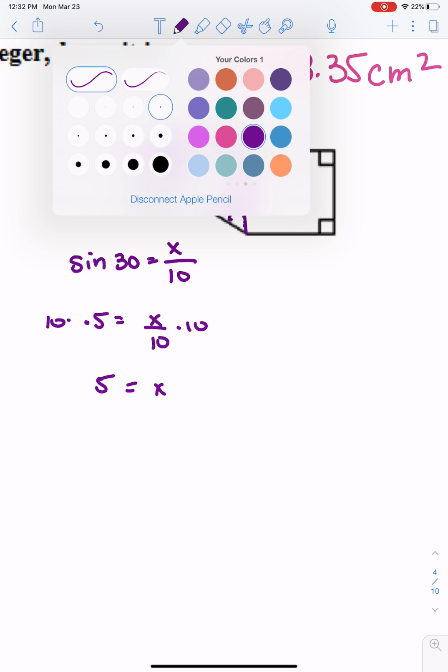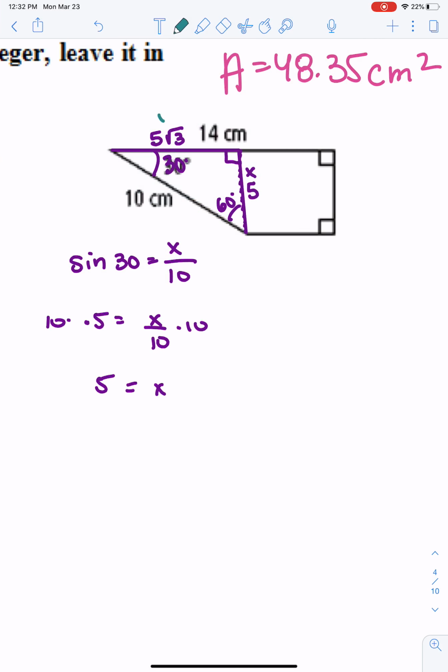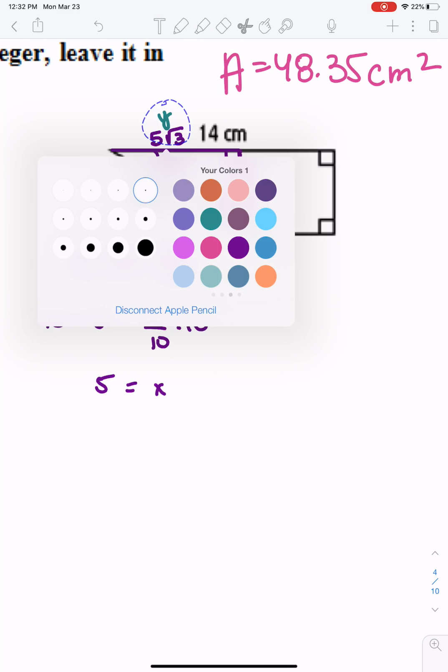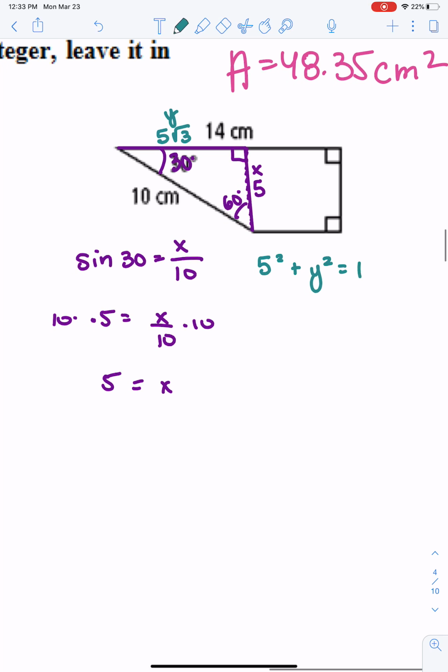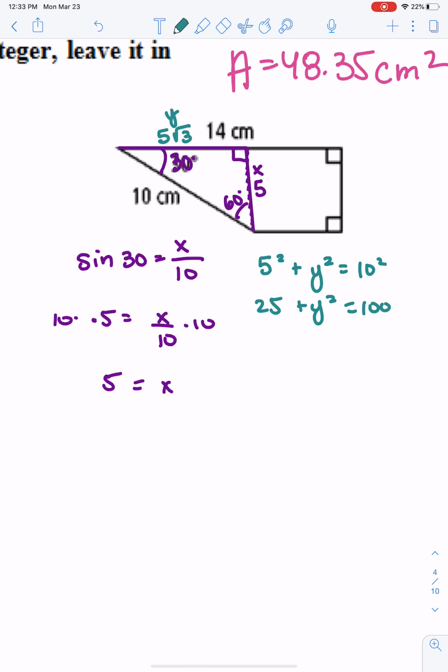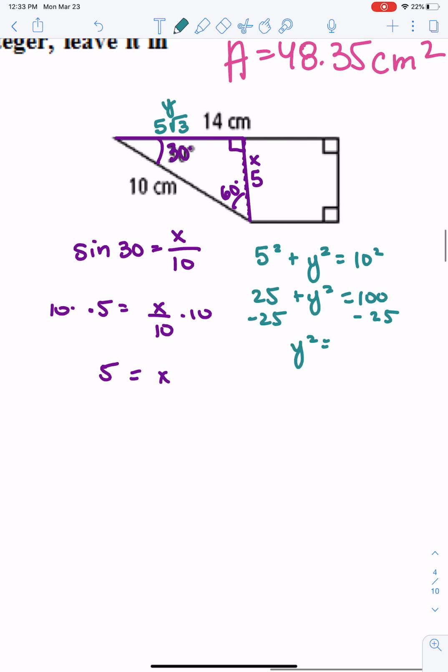Then for this one right here, if you didn't remember those shortcut rules, the one that I just put as a y in there, you could do Pythagorean theorem. So you could say 5 squared plus y squared equals 10 squared, which would be 25 plus y squared equals 100. Y squared equals 75.